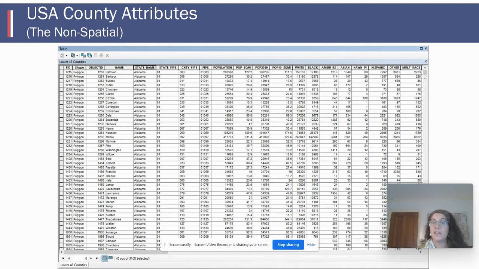So here is non-spatial data, but we've put it into a space that is obviously spatial data. So we're having the two come together and represent information that we are communicating. So we're ending up communicating it in a very spatial way using a map.